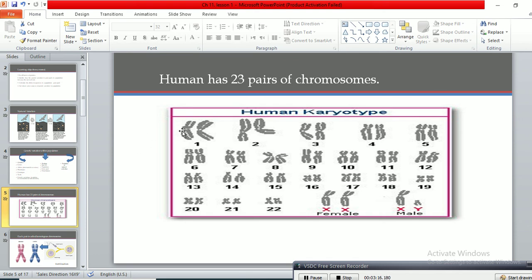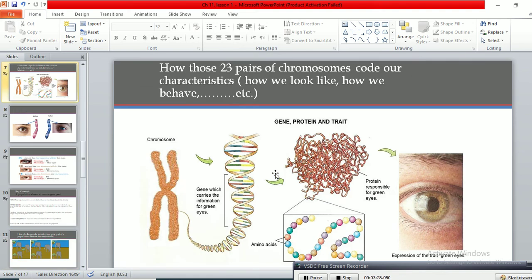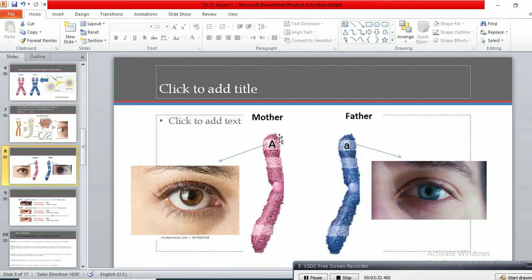Here I want you to know that these homologous chromosomes carry something called alleles. Let's say we're going to talk about one trait, a characteristic you can see with your eyes, which is the eye color. This gene has different alleles, different versions. Let's say for the eye color, we have a brown version and a blue version.